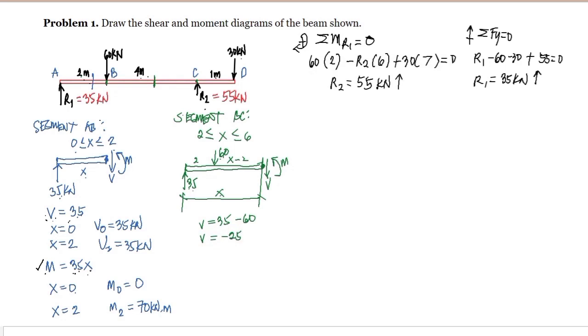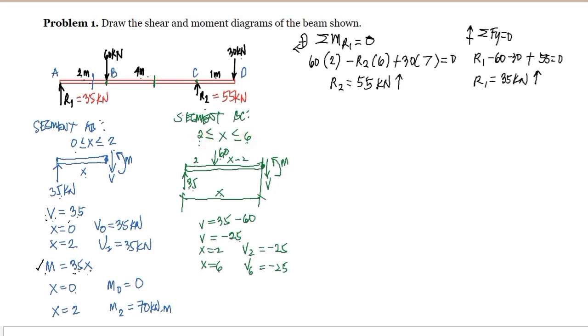So for our limit, since we have here from 2 to 6, at x is equal to 2, our shear at 2 is equal to negative 25. And at x is equal to 6, our shear at 6 is equal to negative 25 also. Since makikita natin dito, our shear equation is just constant, no? Na negative 25. So meaning the negative 25 would run from x is equal to 2 up to x is equal to 6.